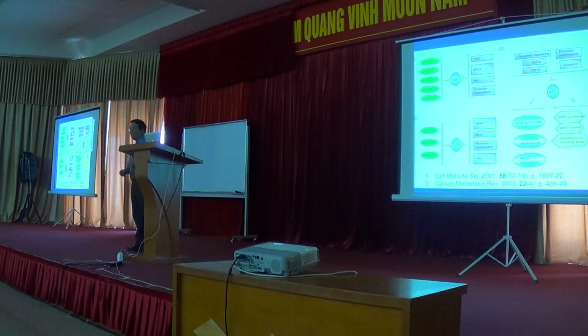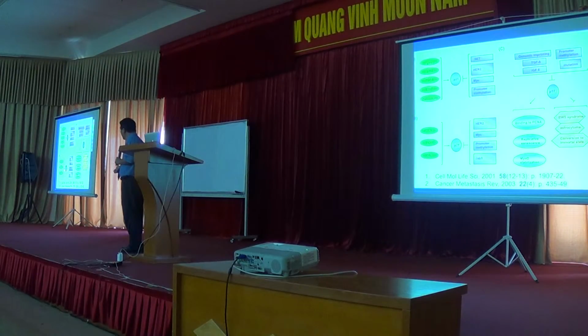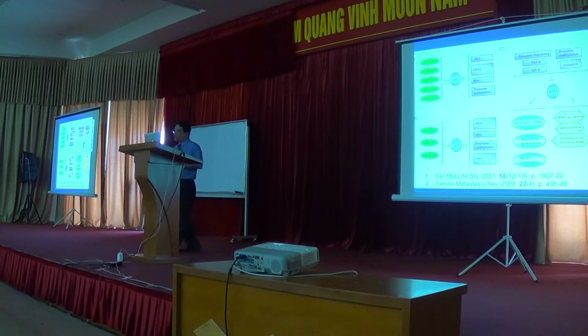Another one is called VHL, which stands for von Hippel-Lindau. It's an E3 ligase involved in degradation of HIF-1 alpha. HIF-1 is a hypoxia-inducible factor. Okay, so these are all tumor suppressor genes. The green ones are tumor suppressor genes, and they cause the elevation of p27 to stop the cell cycle.